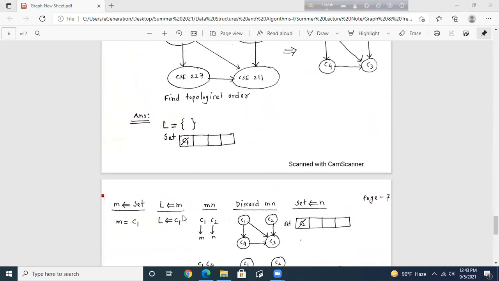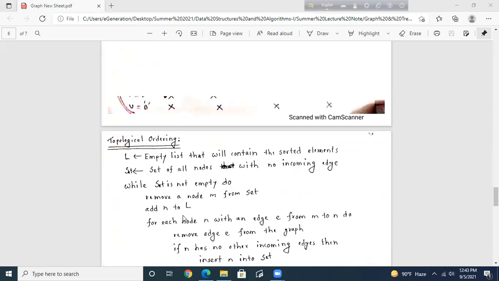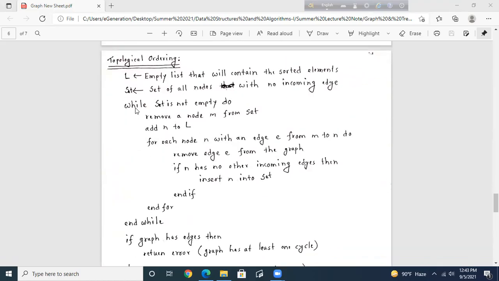Now dear student, according to the algorithm, there is a while loop: while set is not empty.